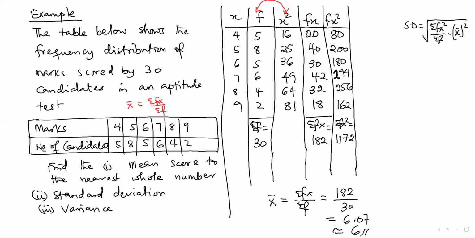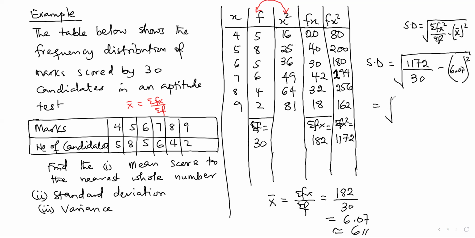Okay, so to find the standard deviation, as you can see in this formula, summation of fx squared is 1172. Summation of f is 30. And don't forget, this is our mean squared, so we can say 6.07 squared.